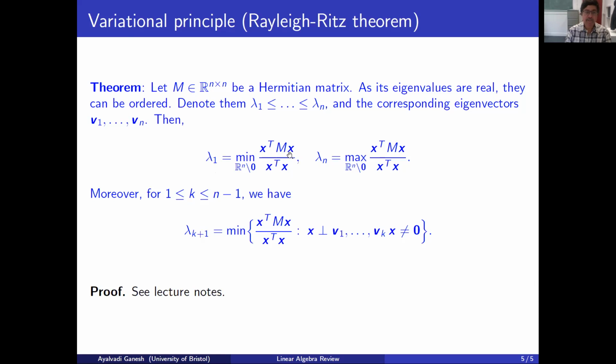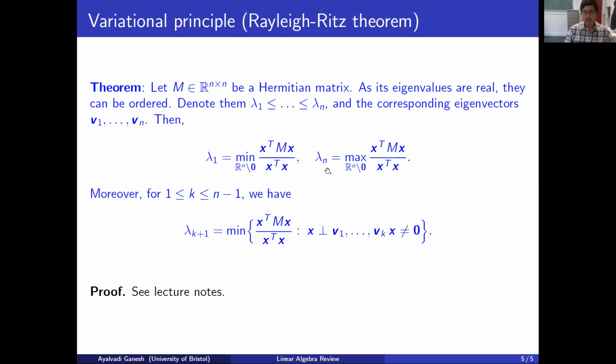I want to exclude the 0 vector because both the numerator and the denominator are 0 if x is 0, and so this ratio is not defined. So if you exclude the 0 vector and look at the minimum of this ratio over all other possible vectors, then what you get is the smallest eigenvalue. Similarly, if you take the maximum, you get the largest eigenvalue, lambda n.